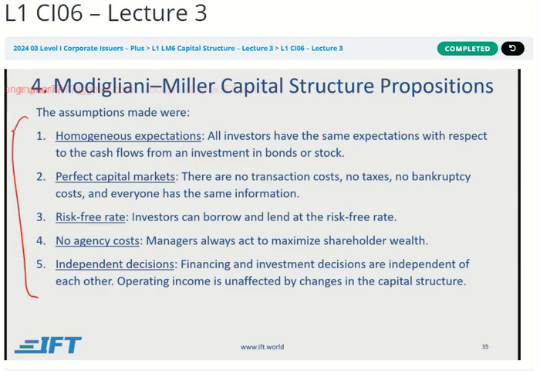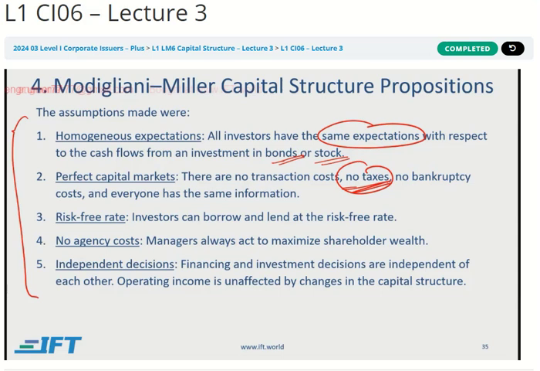So what are their assumptions? Number one, homogeneous expectations, that all investors, whether they are coming into equity or debt, have similar or same expectations. Secondly, capital markets are efficient, they are perfect, there's no transaction costs, no taxes, right? No bankruptcy costs, everyone has the same information.